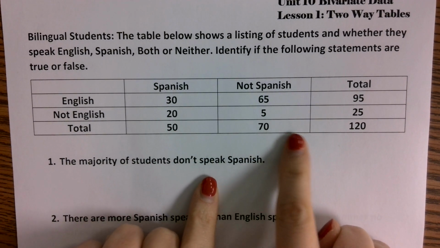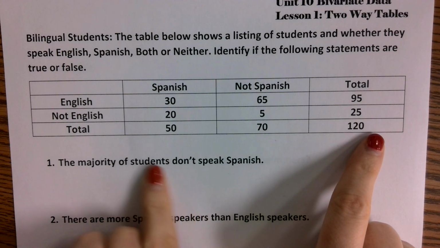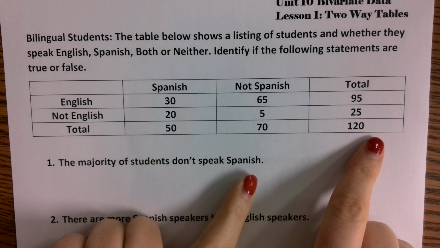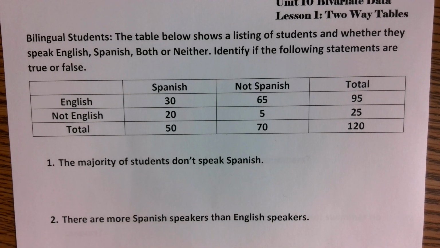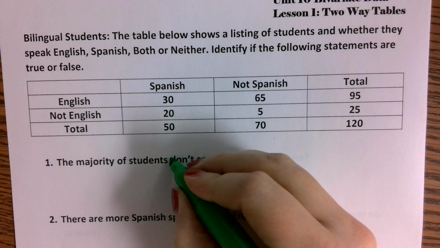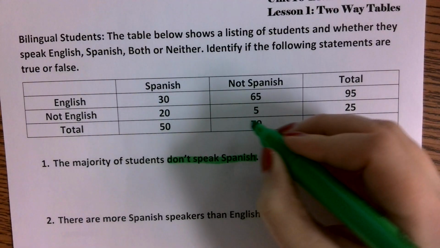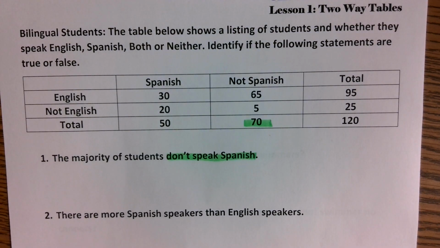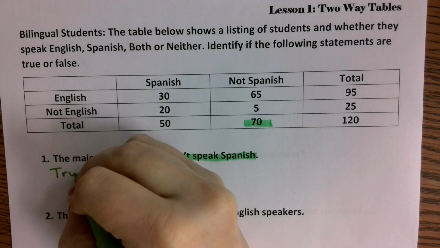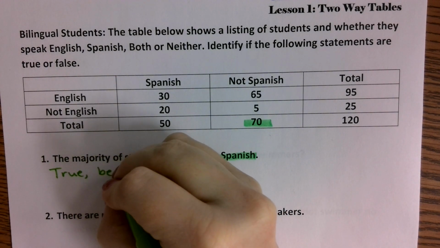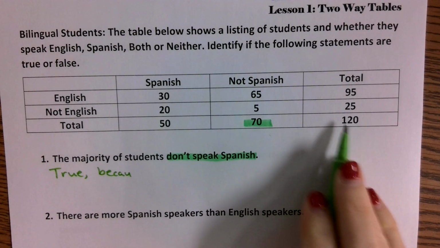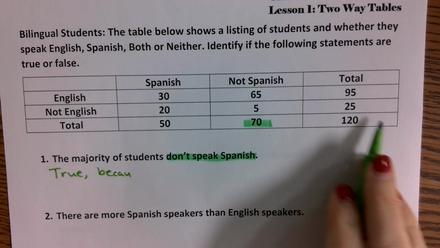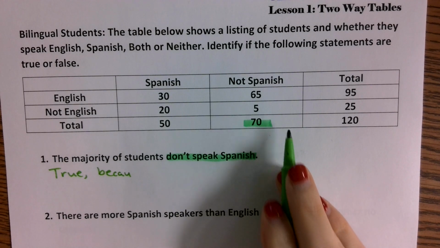So is this a true statement? Out of the 120, do the majority or most of them not speak Spanish? That is true. Again, we're looking at who does not speak Spanish. That would be this value right here, 70 people. So this is a true statement, because out of the 120 students, 70 of them do not speak Spanish.